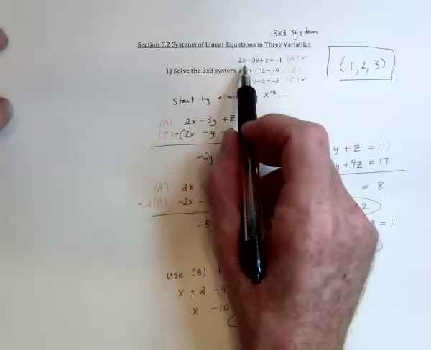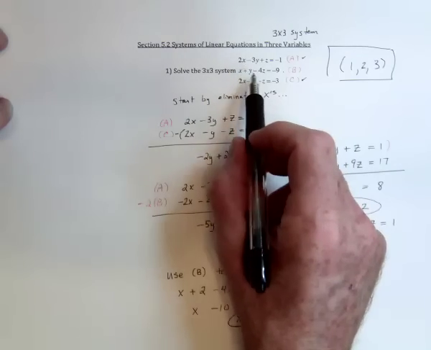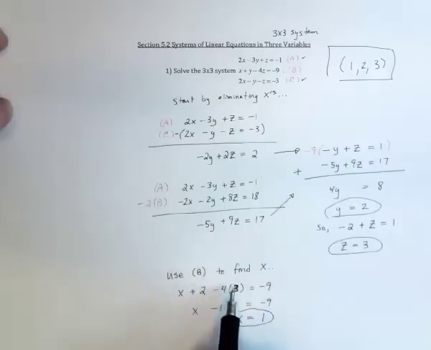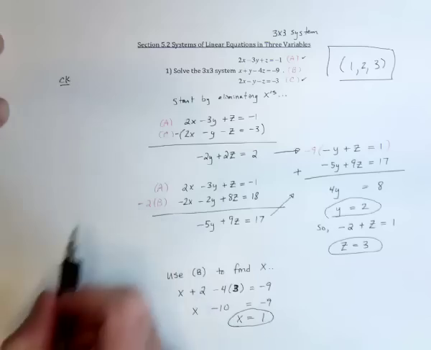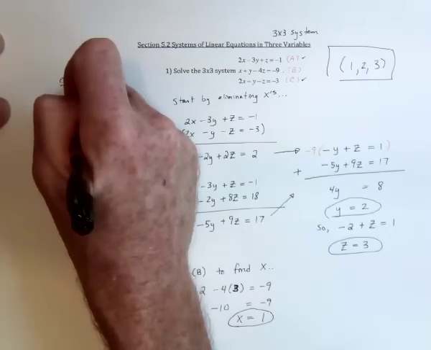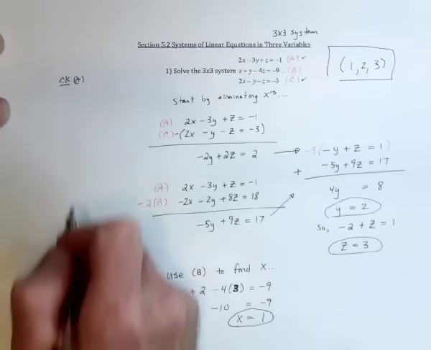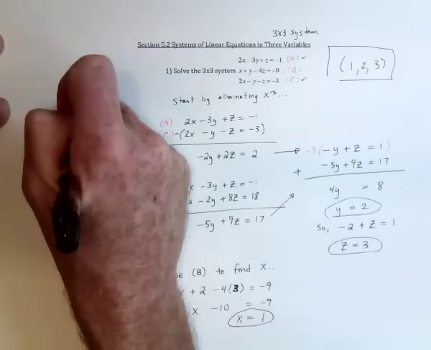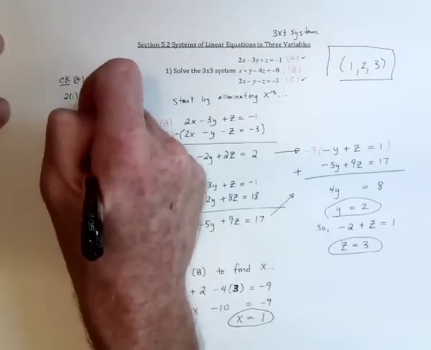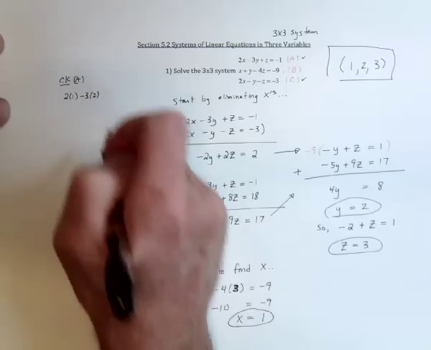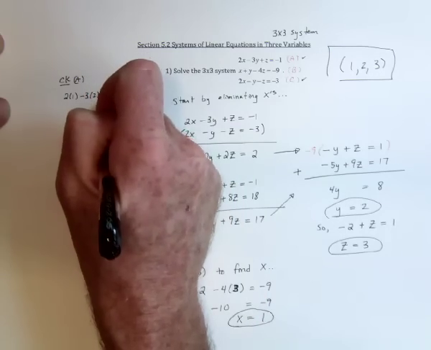Now to check, what I should do real quick is check. I know that it works for B because that's what I used down here. I should also check that it works for equation A. So use a 1, a 2, and a 3. So 2 times 1 minus 3 times 2 plus the z value of 3.